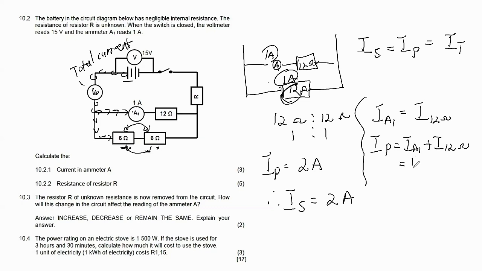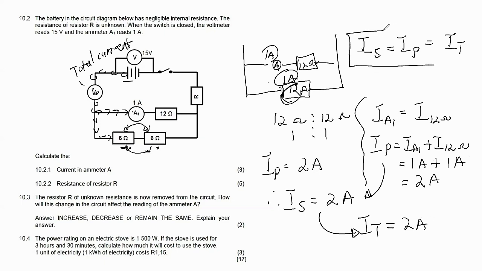So we add the 1 ampere plus the 1 ampere, and it will give us the sum of the current in parallel. But since the total current that flows in the parallel circuit is equal to the total current that flows in the series, which is equal to the total current of the circuit, that's 2 amperes. So all that was based on this.